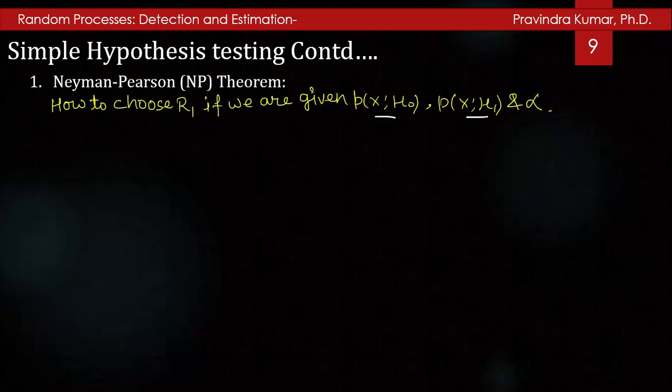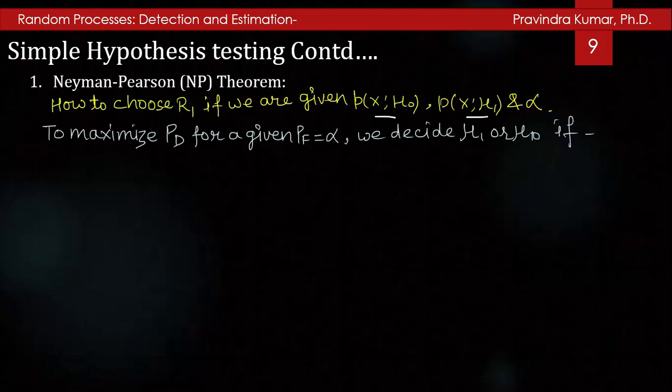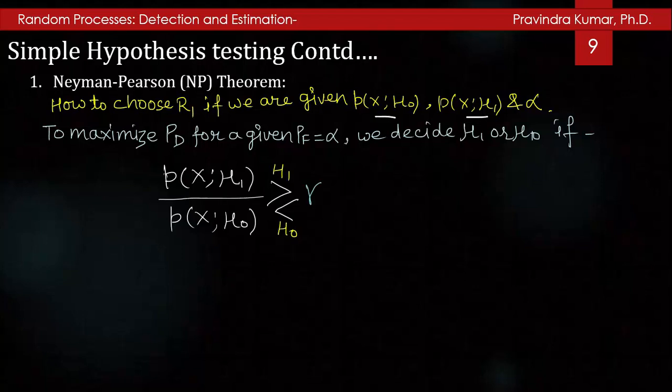To maximize the PD, the probability of detection, for a given probability of false alarm equal to alpha, we decide H1 if the PDF under hypothesis H1 divided by the PDF under hypothesis H0 is greater than or equal to the threshold gamma. When this ratio is greater than gamma, we decide H1, and if this ratio is less than gamma, we decide H0.